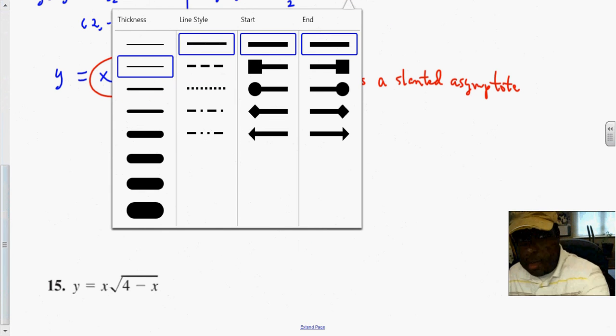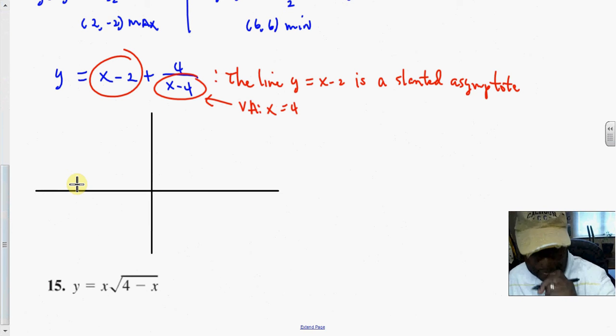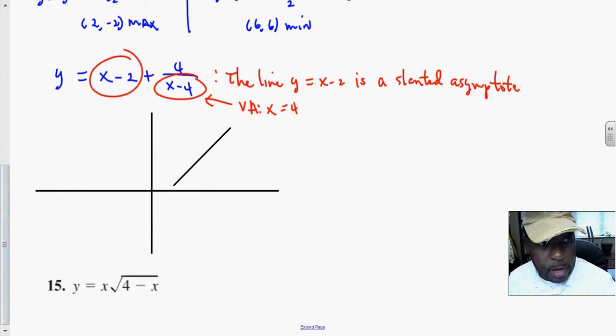Straight line. Okay. Now let's go ahead and graph this slanted asymptote. So it's going to come through on the y-axis at negative 2. It's not dotted.